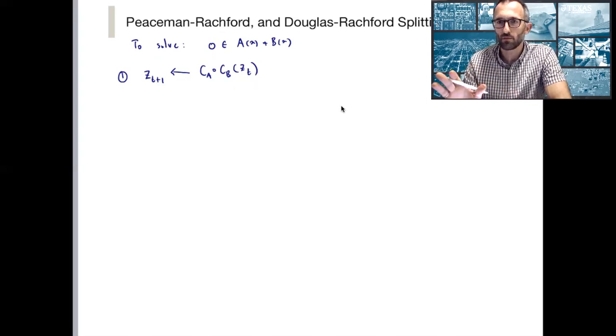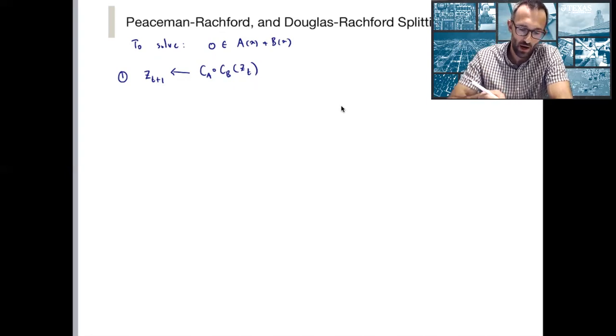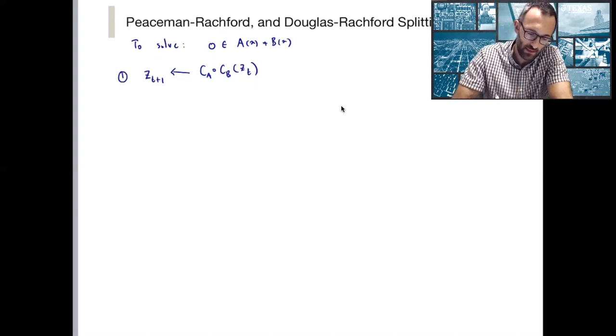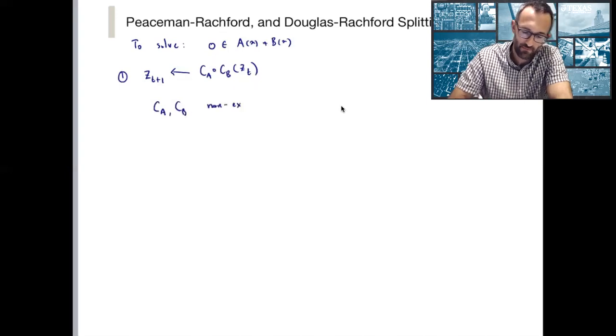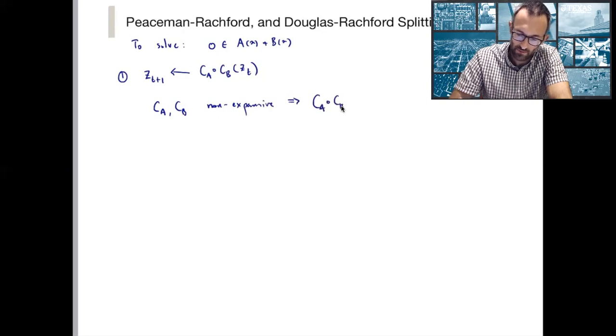Now, in the context of what we've discussed when talking about fixed points and non-expansive operators, we showed in the previous lecture that CA and CB are non-expansive, and this implies that the composition is non-expansive.